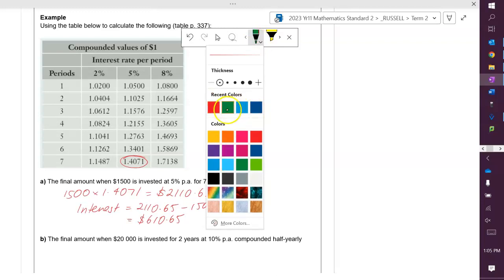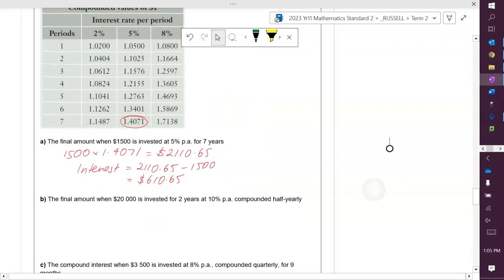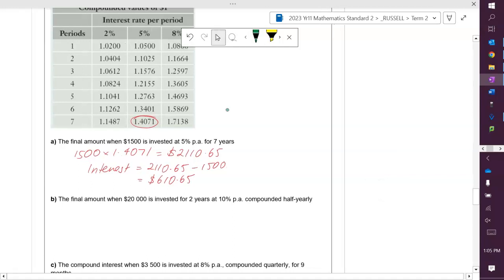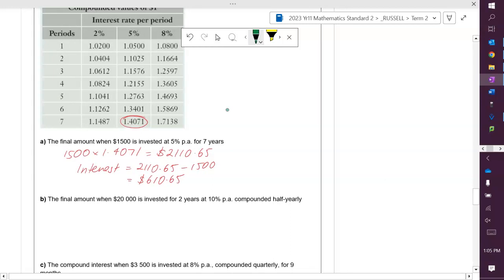So our second one, the final amount when $20,000 is invested for 2 years at 10% compounded half yearly. So 2 years half yearly means there are 4 lots of compounds, and it's at 10%. Okay, so this is what we're looking at, our 10%.